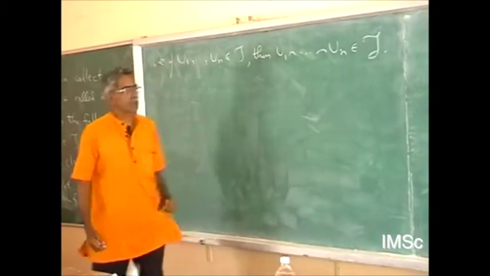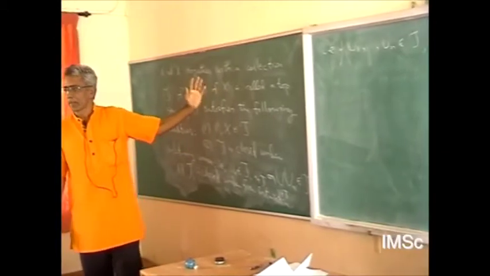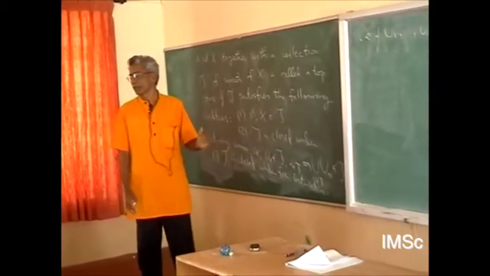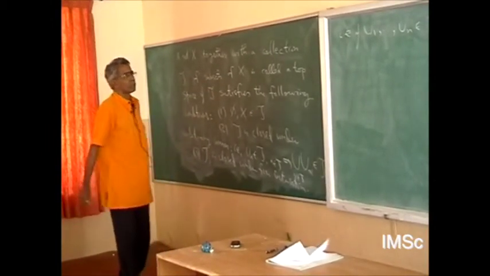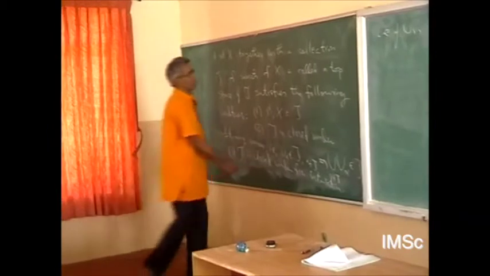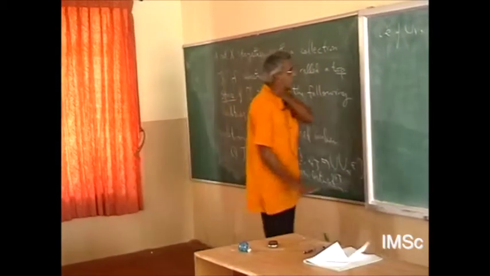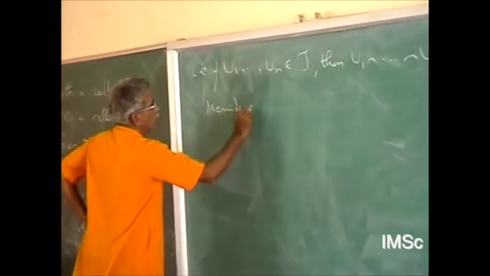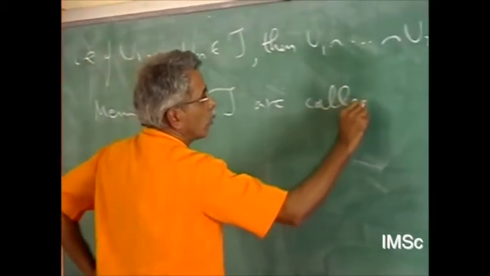So this is the character. These axioms hold in the context of open sets of metric spaces, and this is what leads to the notion of a topological space. Members of tau are called open sets.